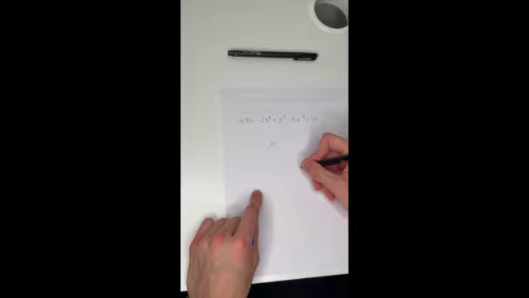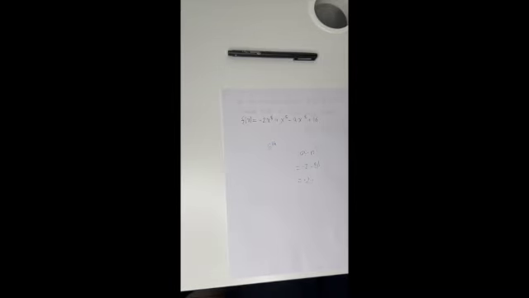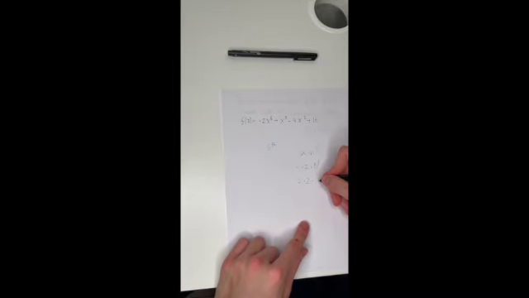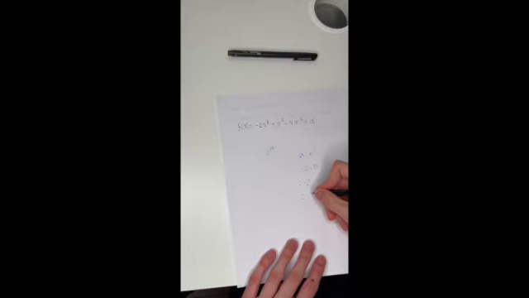Our a in this case is negative 2, times 8 factorial, which is 40,320, because that's 1 times 2 times 3 all the way up until 8. Now we're going to multiply that by negative 2, so we're going to get negative 80,640.